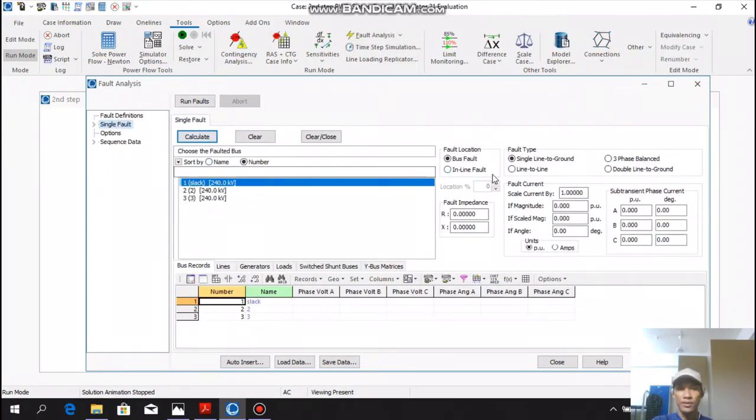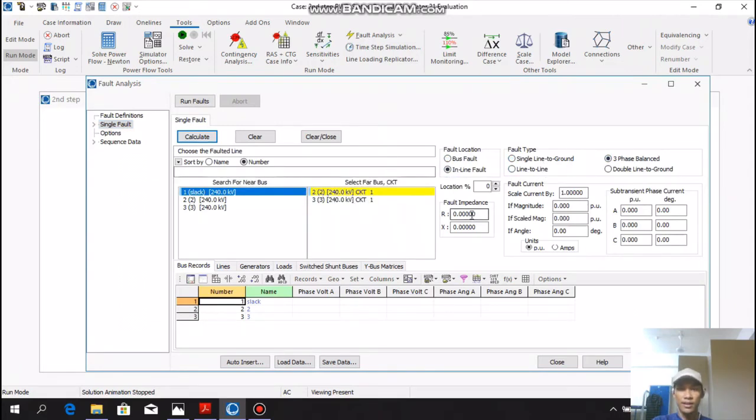The fault that we use is 3-phase in line with 50% of the location between line 1 and line 2. So then we calculate. So we got the phase voltage of the buses, the slack, load and the PV bus. So here are the record of the fault analysis.